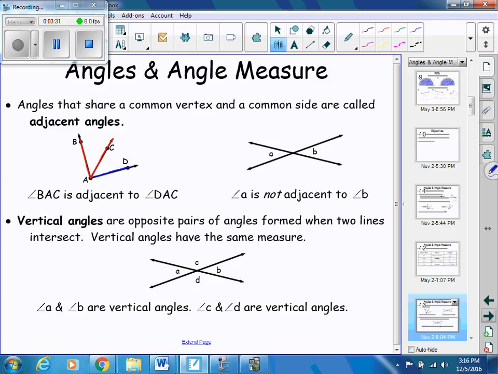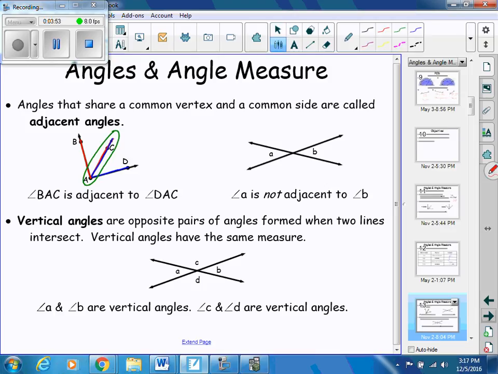If I trace DAC, notice that these two angles are adjacent because they share the side and they share the vertex. They have a common vertex and a common side.